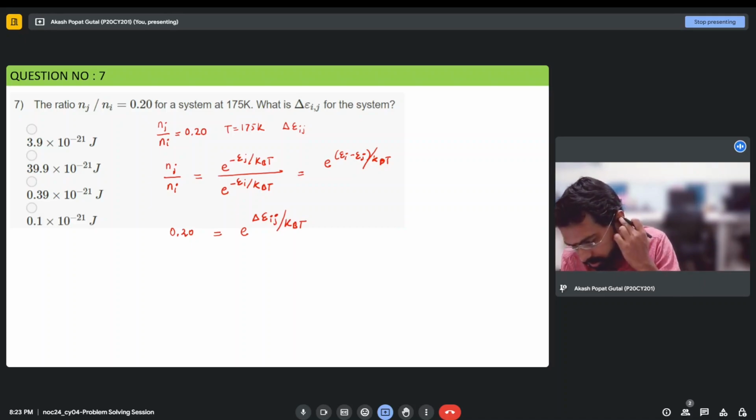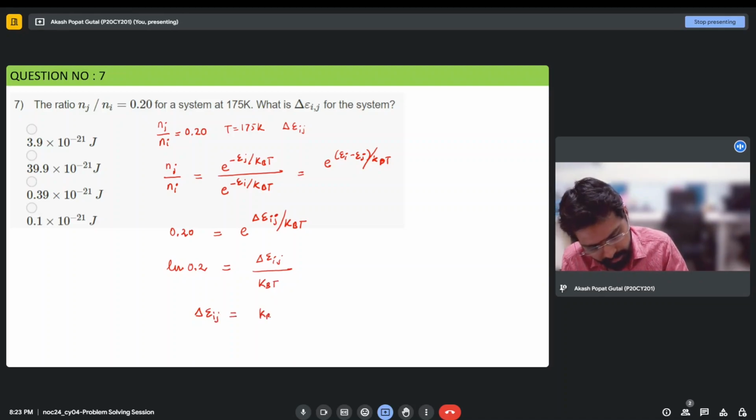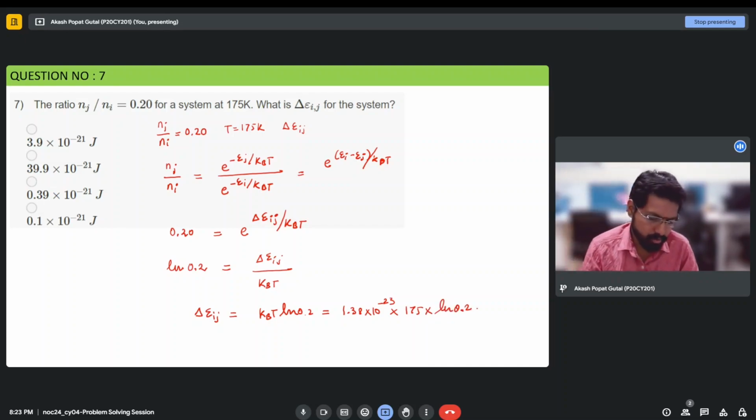If you take the log on both sides, then ln 0.2 is equal to epsilon ij by kBT. So epsilon ij is equal to kBT ln 0.2, which is nothing but 1.38 times 10 to the minus 23 times 175 times the natural log of 0.2.